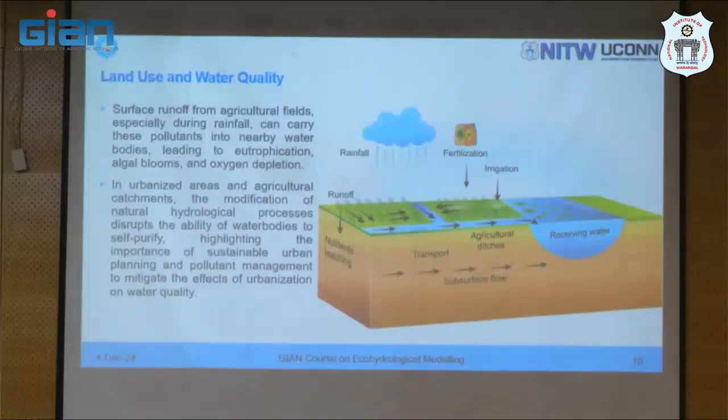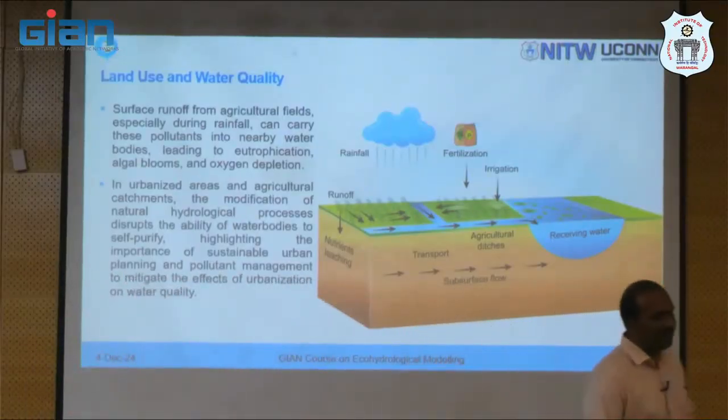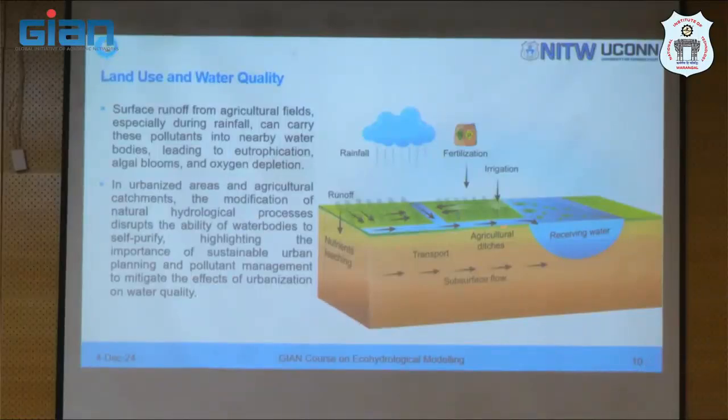I am pretty much sure it will take a lot of convincing from your end for him to reduce it, right, because it is known that with an increase in fertilizer, your productivity or yield is going to increase, right. But that increase is actually causing much of the eutrophication problem. So, agriculture, or the fertilizer application which is supposed to be a solution for food security, is actually causing a problem for water security, right.